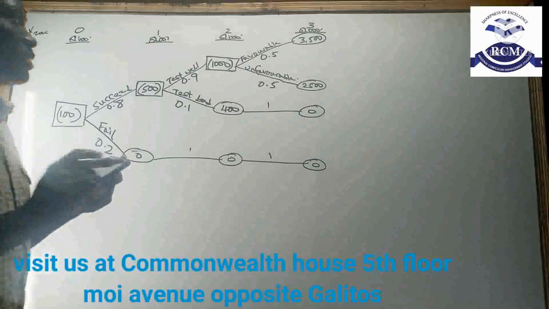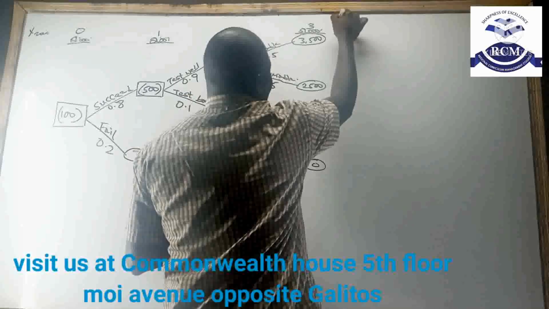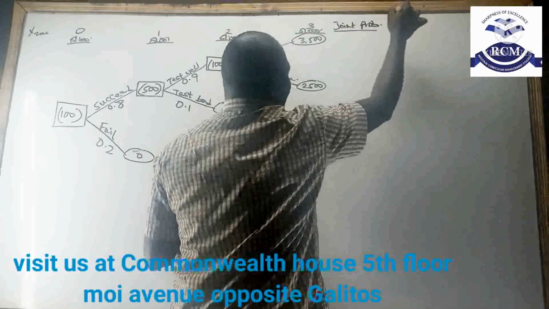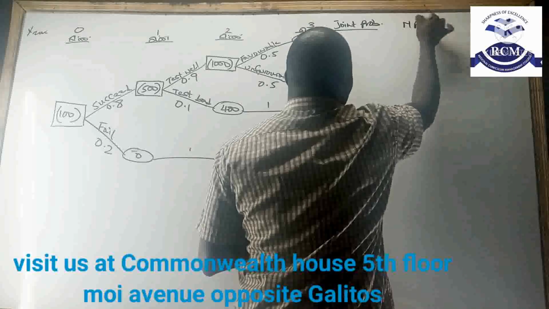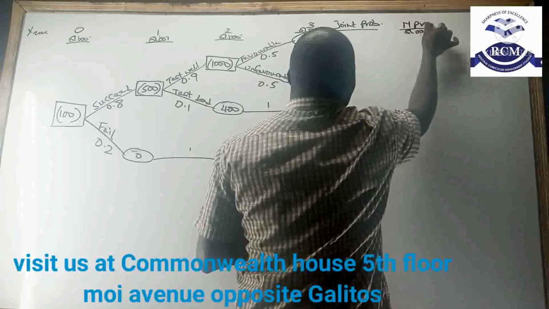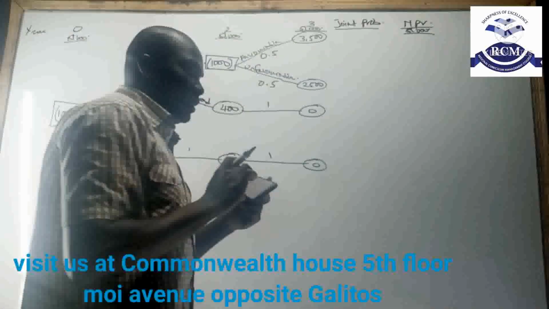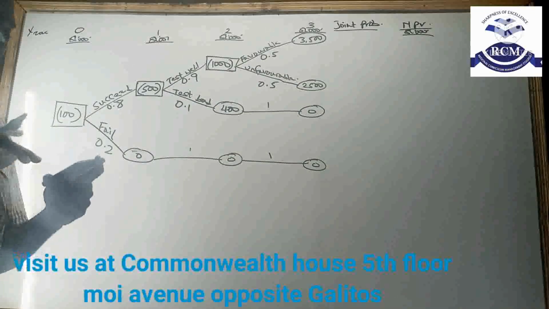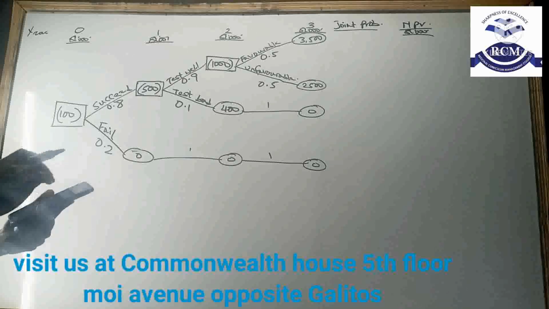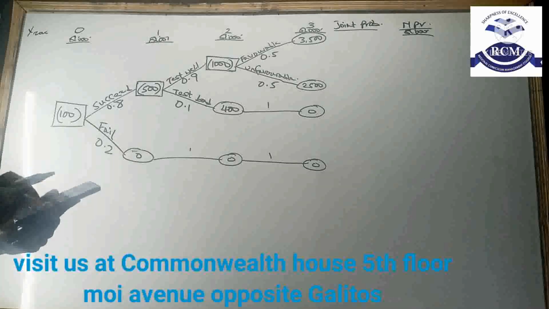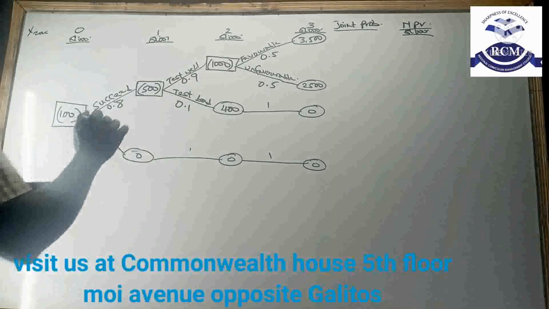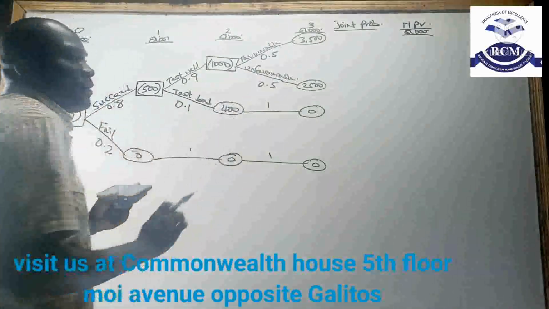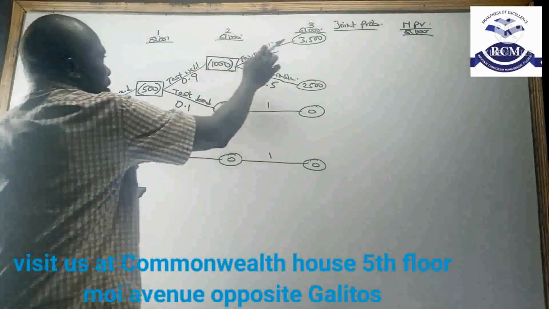So let me get the joint probability, then I'll get the NPV. For the joint probability, we are joining all these items. It's 0.8 times 0.9 times 0.5. So it is this and this and this.